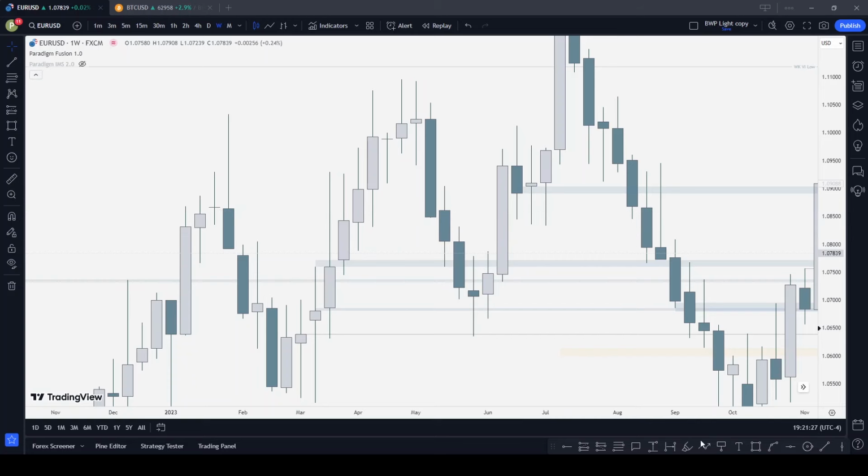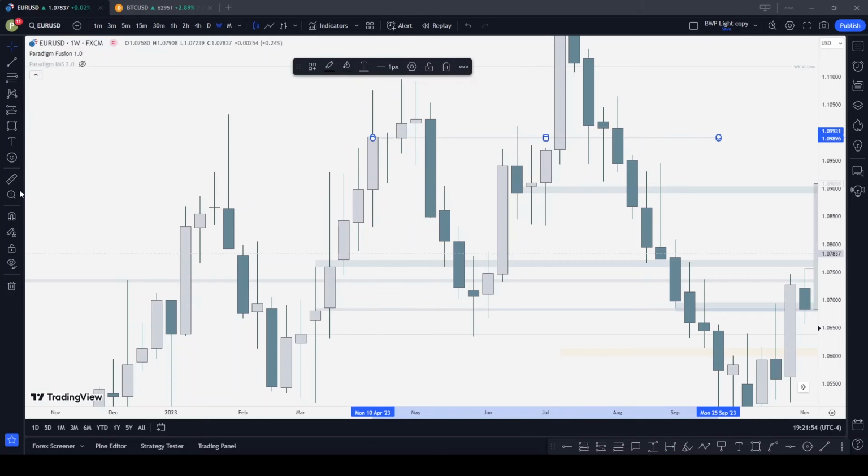So you can also see we have a new week opening gap here between the close of this candle and the open of this one. It is very tiny, but definitely still valid.